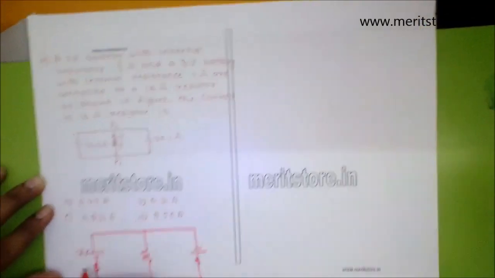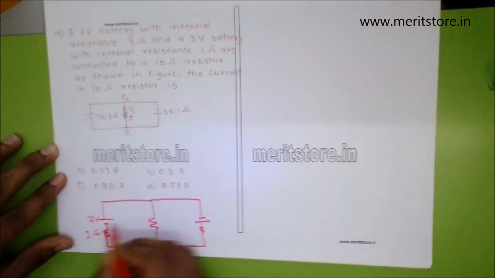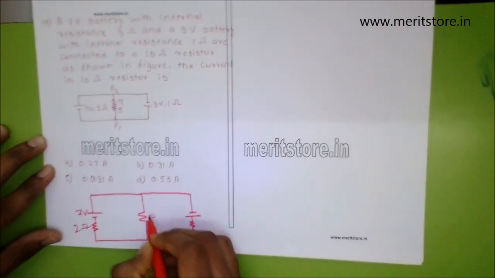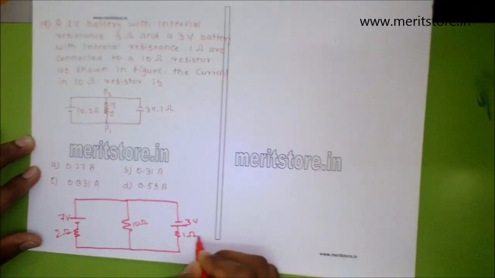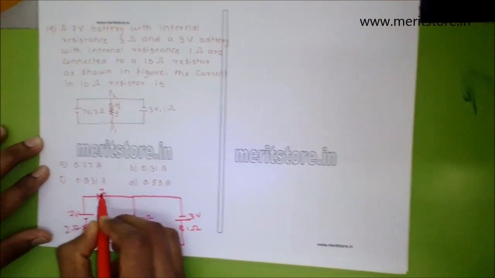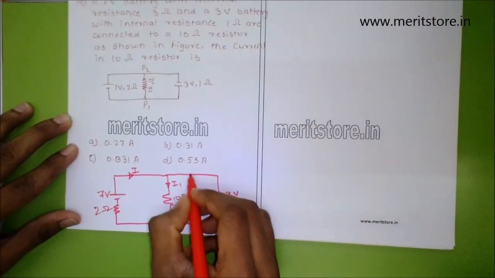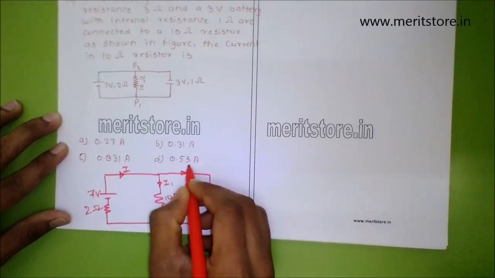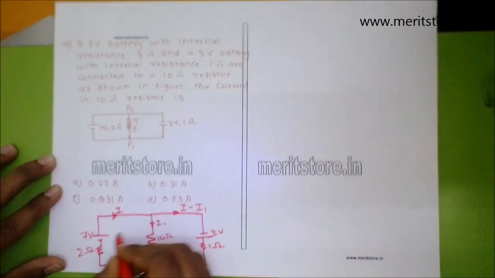This is 7 volts. This is the internal resistance of the battery, 2 ohms, 10 ohms, 3 volts and internal resistance 1 ohm. Let a current I flow through this arm and a current of I1 flow through this arm. Therefore, current of I minus I1 will be flowing through this loop.